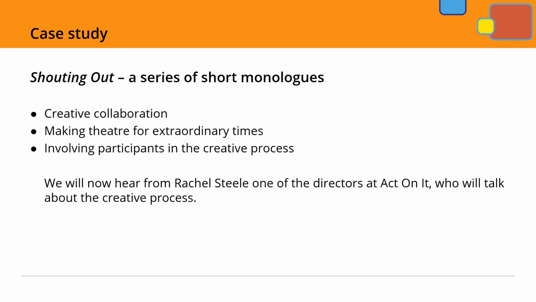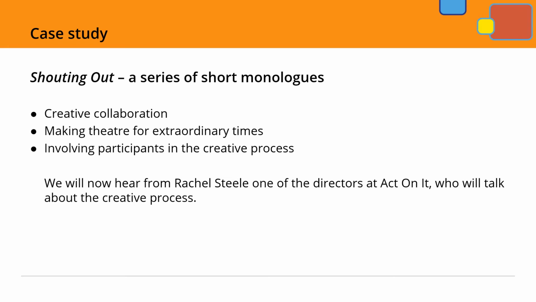We will now look at a case study, so we can share some points of reference for a creative development process. Rachel Steele from Act On It will talk about the development process they undertook as part of the Shouting Out project. The project involved a creative collaboration between theatre practitioners and marginalised young people to write 5 short monologues.